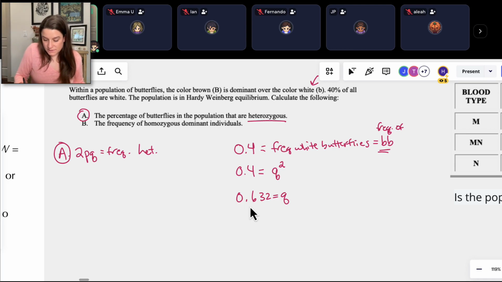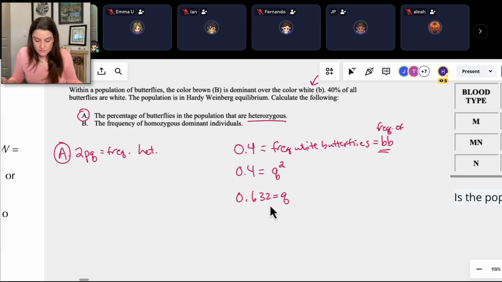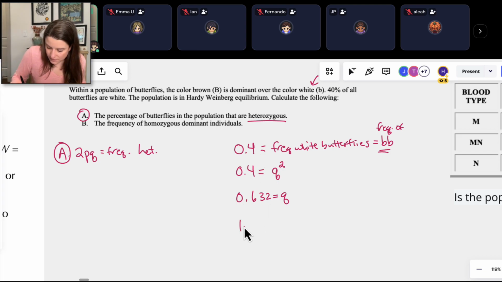So if 0.632 is the portion of alleles that are little b, all the other alleles in the pool must be big B. So that's just the rest of it, right? Instead of 100%, we're just going to call it 1. So p plus q equals 1. All that means is the frequency of the big B allele plus the frequency of the little b allele equals 100%, all the alleles together.